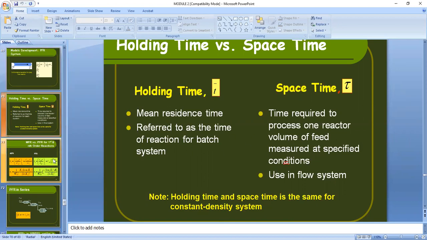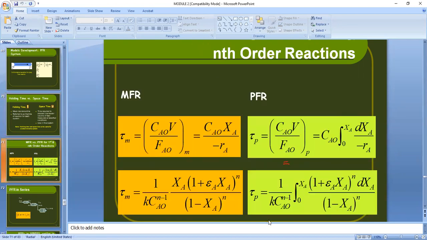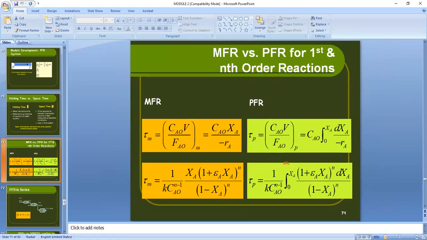Okay, now we go to, let me just minimize it, the MFR versus the PFR for first and nth order reactions. These formulas are available in the form of a summary at, I think, chapter 5 of Levenspiel. And you have the same formula in tabulated form in your handbook.